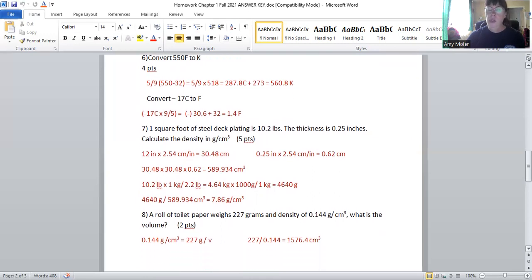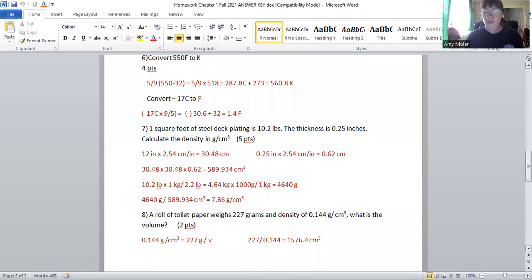So the next one has a mix of conversion factors with the density. Remember, I said treat this as if you have a square but thick steel deck plate. So 12 inches times 12 inches times 1/4 of an inch.